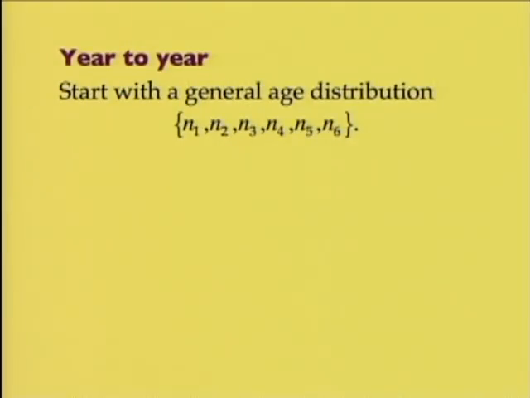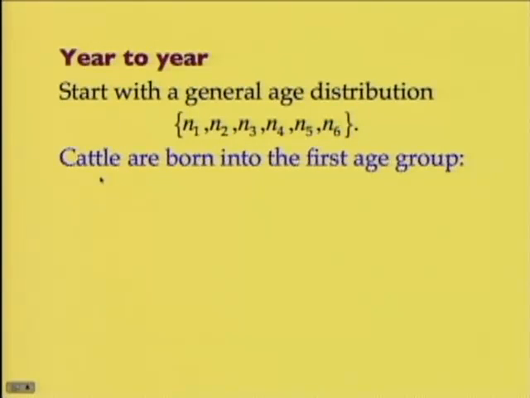Okay? Well, let's think about how you do this year to year, and I should say every 2 year to 2 year in my example. If I have a general kind of age distribution, so many in one group, so many in the other, and so forth, and I think about how do you get in that first age group? Those are the young ones, so they have to be born into that age group.